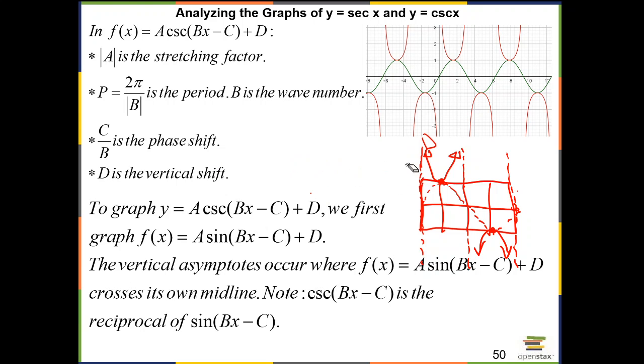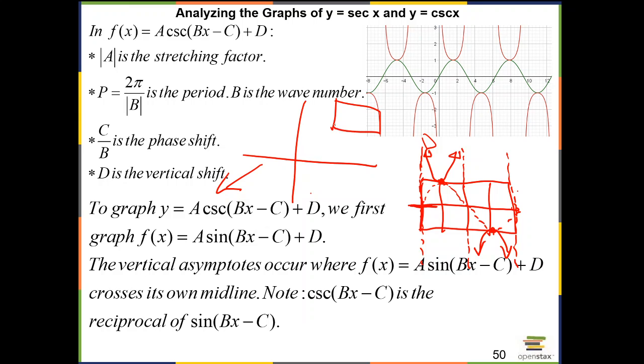All right, so it's time to actually do an example, right? So remember, the vertical asymptotes for cosecant are at the points in the rectangle where the sine crosses its own midline. Now this midline may not be the x-axis, okay? Because this rectangle may be up here.